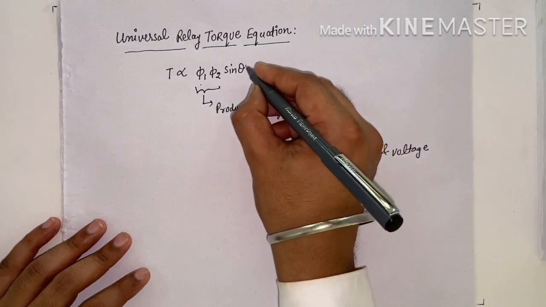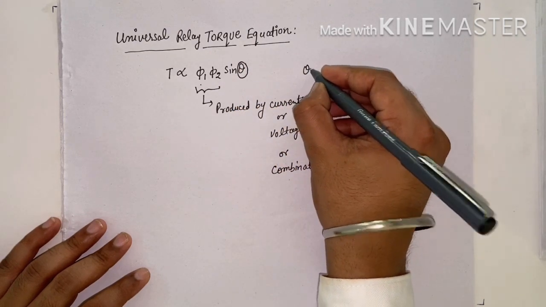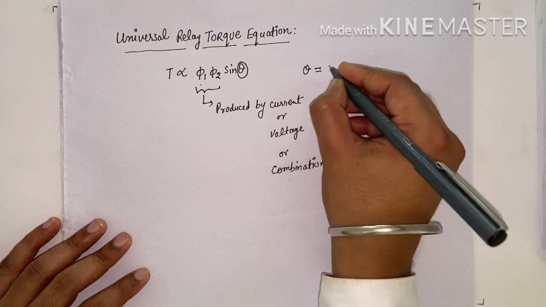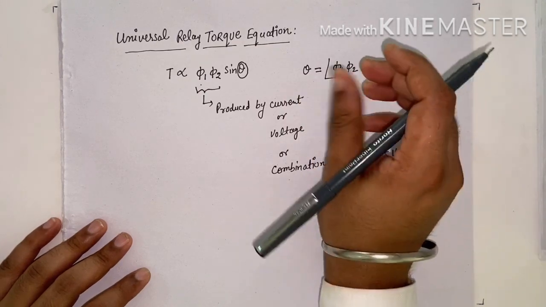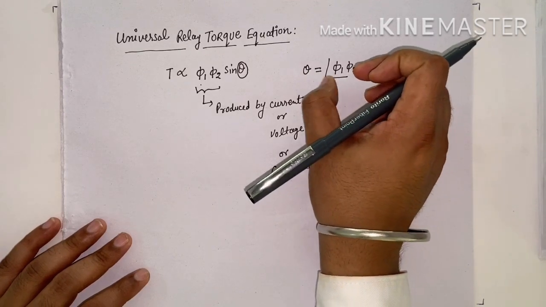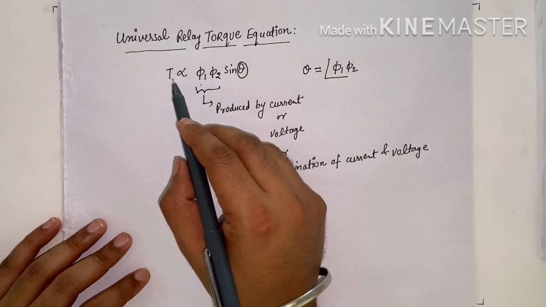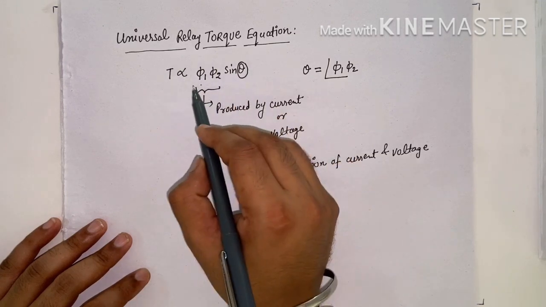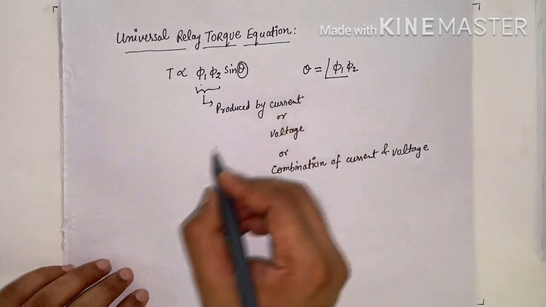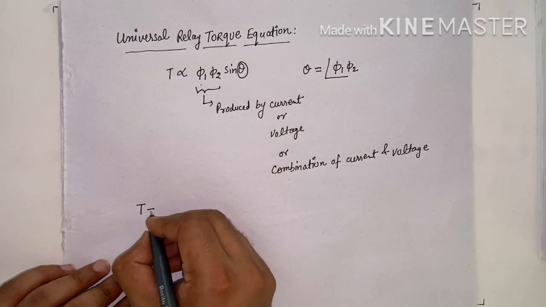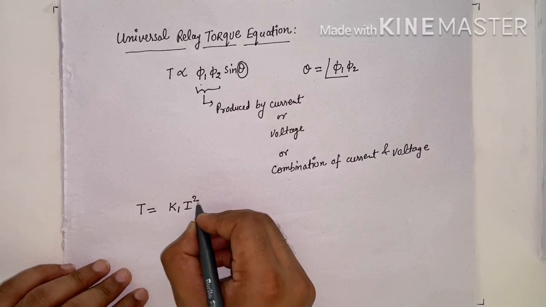Theta is the angle between flux phi 1 and phi 2. The phase difference between flux phi 1 and phi 2 is theta. So this is the general equation of torque, which equals phi 1 phi 2 sin theta. Now we will see torque equals K1 I square.